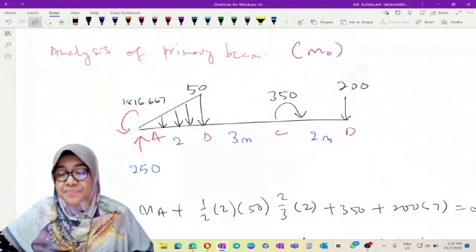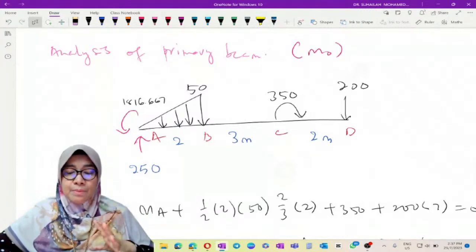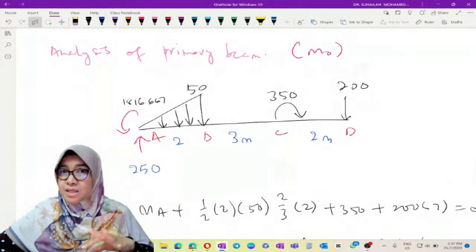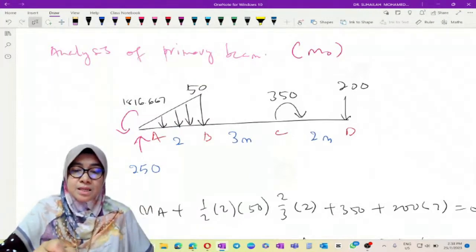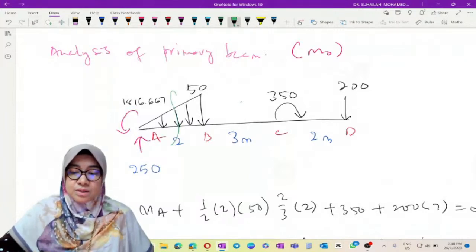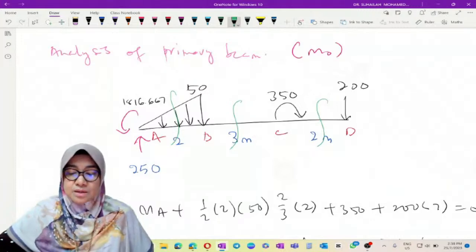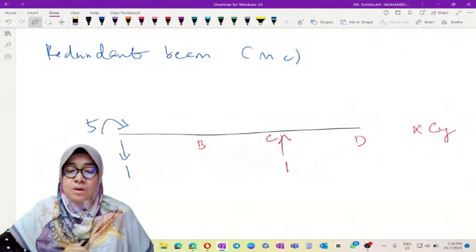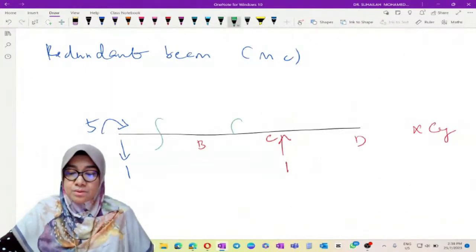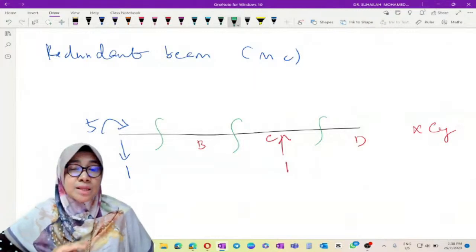Now we want to write the moment equations, and the summary of the moment equations we will put into a table. Looking at the primary beam, there are three cutting sections: AB, BC, and CD. And we have to do the same for the redundant beam. So we produce one table.